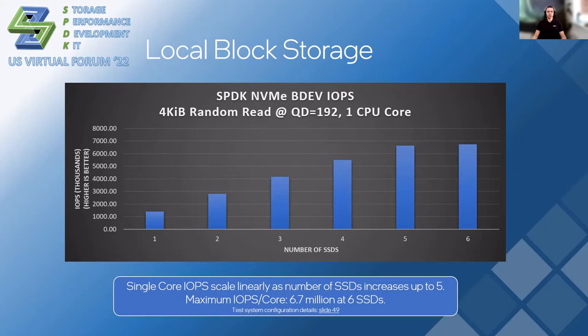The workload we're using here is 4K random read with QDepth 192. This is all running on just one CPU core, and as you can see, the performance scales linearly with the addition of up to 5 NVMe SSDs, and then later peaks when using 6 SSDs with the result of about 6.7 million IOPS.